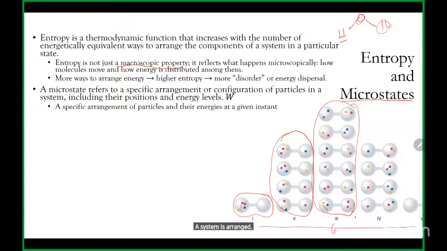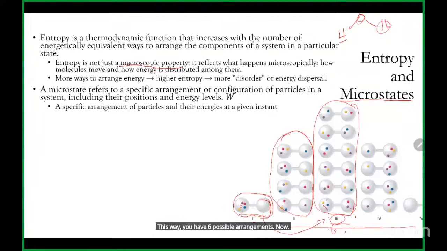If you are only arranging it in one way, then the entropy is low. If you are arranging it in several ways, then the entropy is high. Most likely, if you allow this system to be, it's probably going to move towards this where you have 6 possible arrangements.